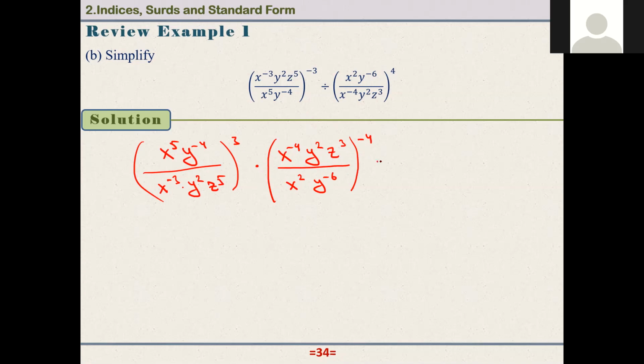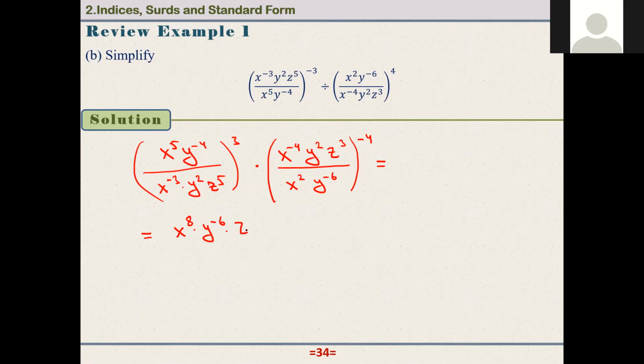Now, if you just remove the brackets, at the same time, we have to simplify first. x to the power 5, divided by x to the power of minus 3. What we have here is x to the power of 8, times y to the power minus 4 minus 2, here we have minus 6.